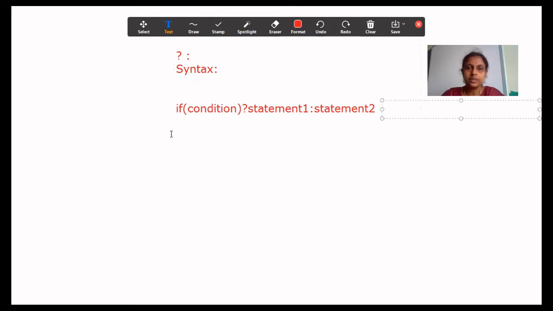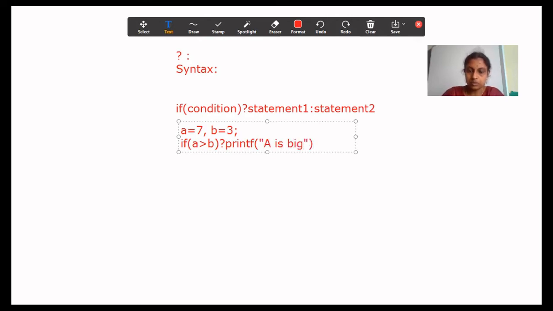Let us see one simple example for this. We will write A equals 7, B equals 3. I am giving the condition A is greater than B, question mark, and I am telling it to print, here we use the term printf, printf A is big, colon, otherwise print B is big.